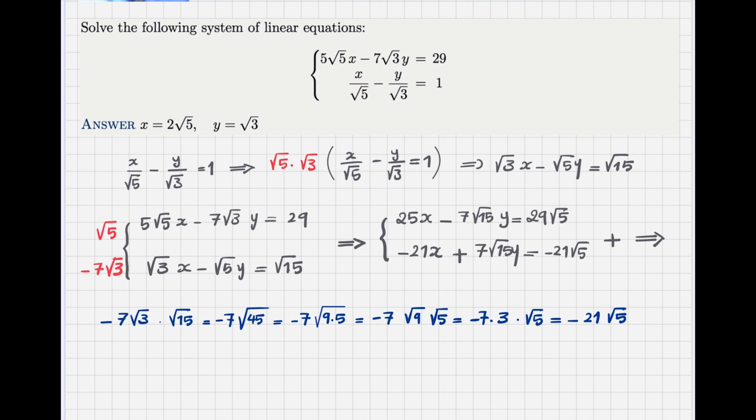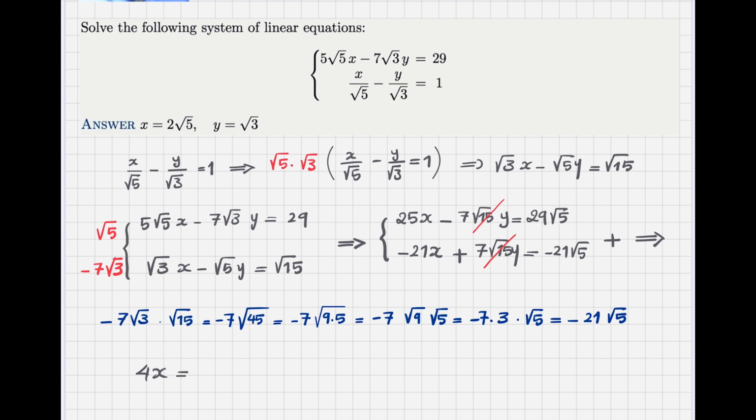When I add them, of course, intentionally I fine-tuned these coefficients to be cancelled, and then this one and that one, 25x minus 21x, is just simply 4x. And on the right hand side, I have 29 square root of 5, and I have minus 21 square root of 5.